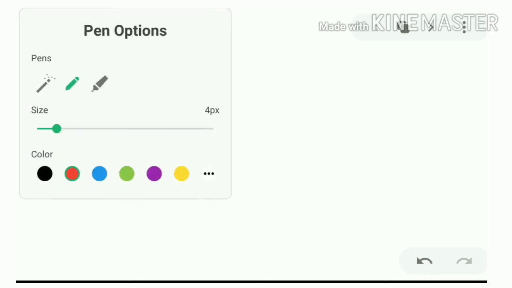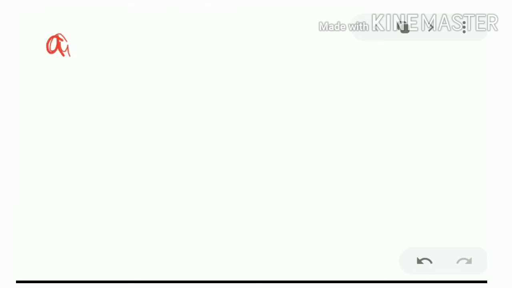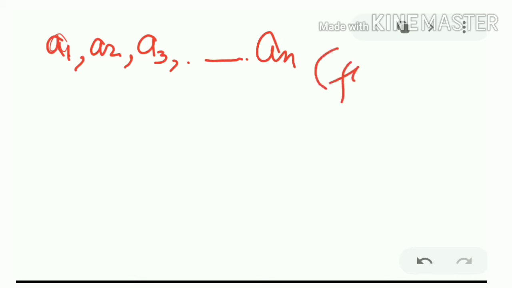AP in the general form can be written as A1, A2, A3 and so on till AN. As I've already told you, an AP can be a finite series or an infinite series. What I have written is the general form for a finite series.